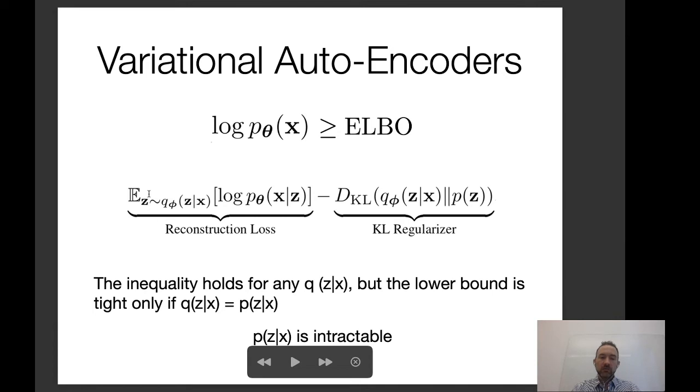The reconstruction loss basically means we sample latent variables according to this inference network, or inference model, that calculates a probability of the latent variable. And then we calculate the probability of reconstructing the input given the latent variables. So we have this reconstruction loss that basically tries to train both of the models in concert. And on the right-hand side here, we have the KL regularizer between the inference network and the prior.